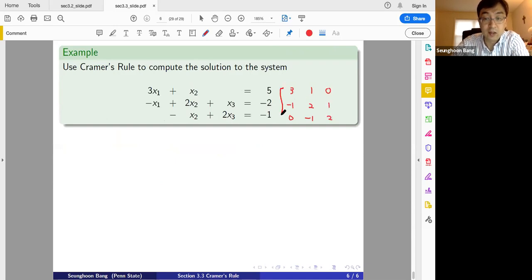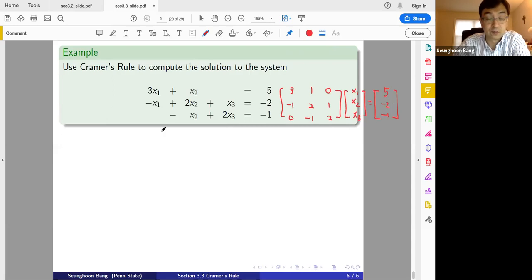This is A times vector x, x1, x2, x3, equals vector B: 5, negative 2, and minus 1.